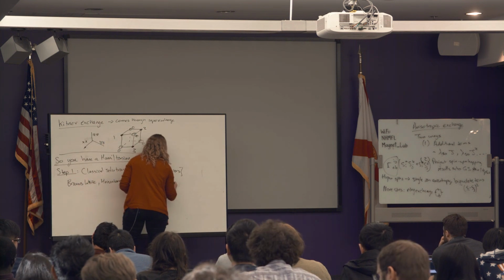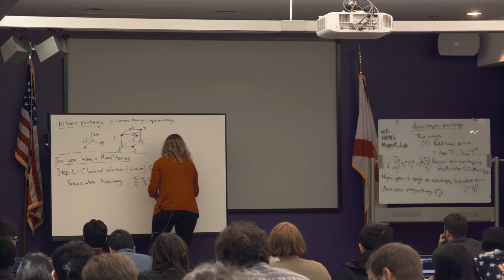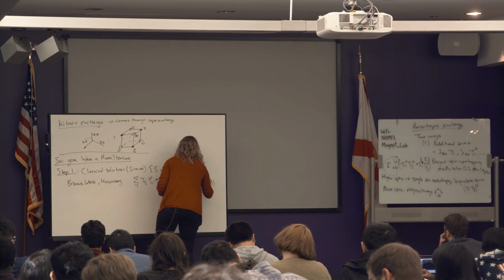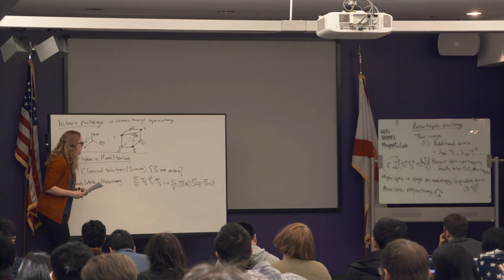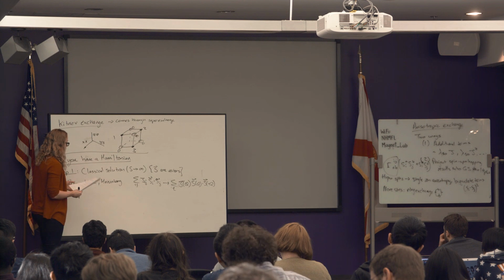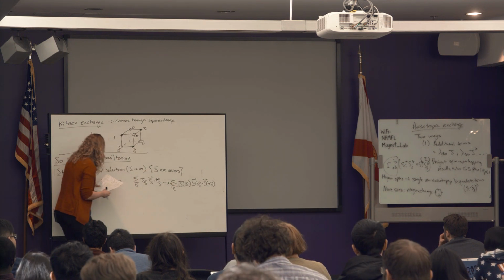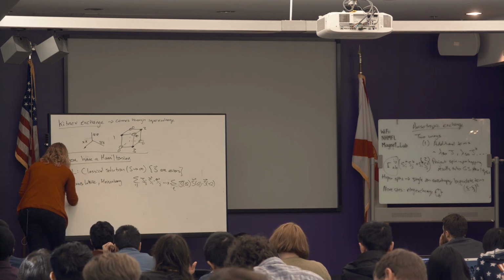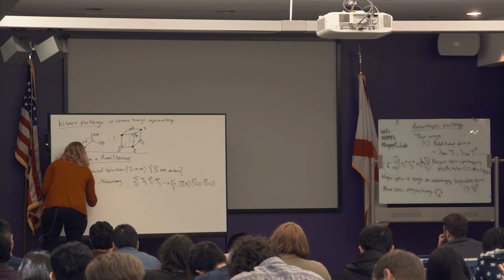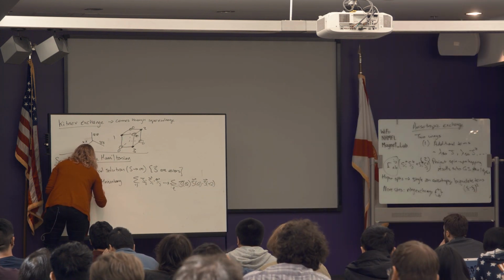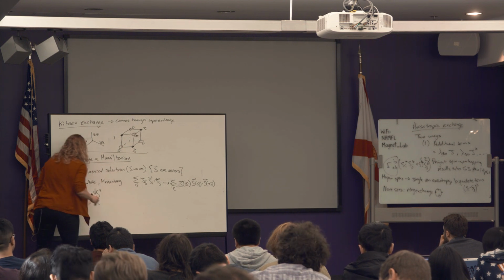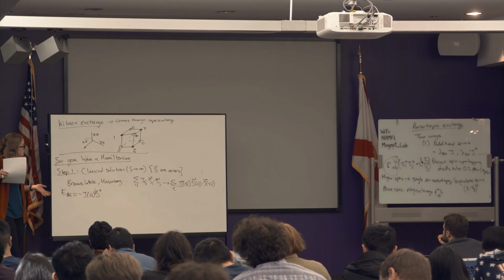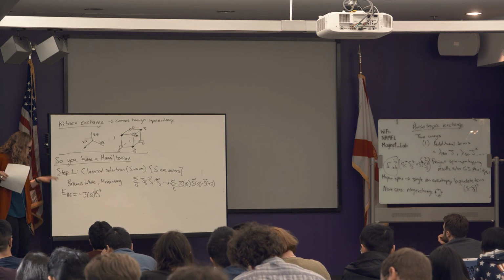So this will become a sum over Q vectors, J of Q, S of Q dot S of minus Q. The way that you minimize your Hamiltonian is to find your minimum J. Your ground state classical energy, if you were in one particular Q vector, is just proportional to this J of Q times the total length of your vectors squared, so your total spin S.